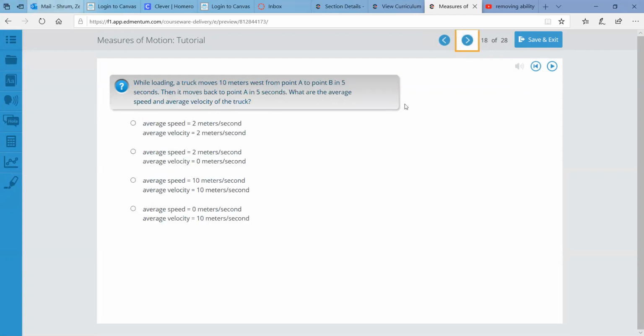Easy question. Speed. While loading a truck, the truck moves 10 meters west from point A to point B in 5 seconds. Then it moves back in 5 seconds. The average speed is the total distance divided by the total time. So you have 10 meters, and then 10 meters, divided by 10 seconds.